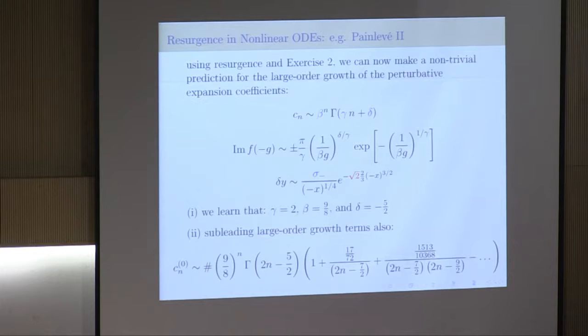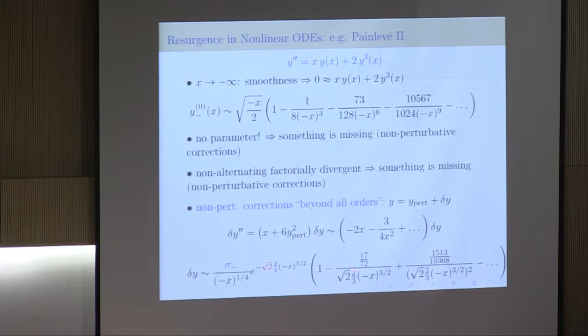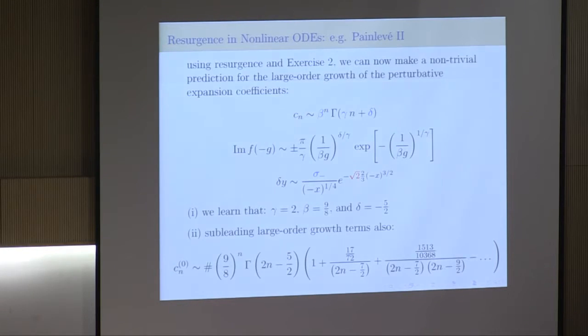And moreover, I can predict the subleading terms from these numbers here. Okay? Because here I have 1 extra power of the action, 2 extra powers of the action. So I put it into that form that I want. And so I know that this is going to be the subleading large order growth.